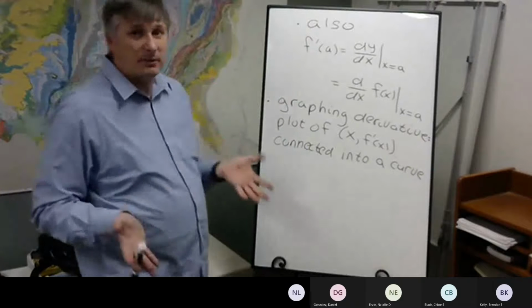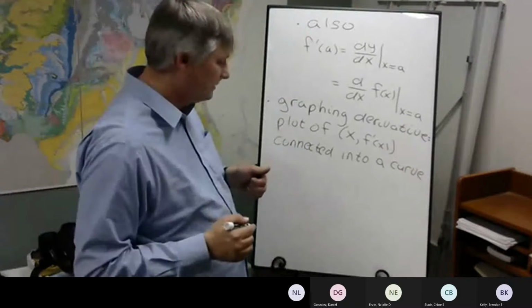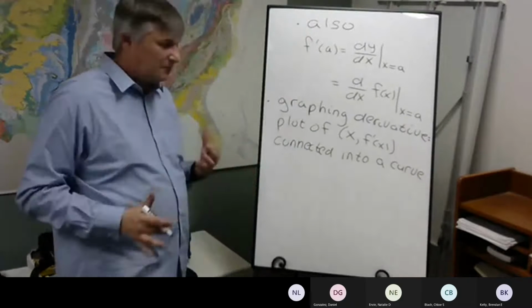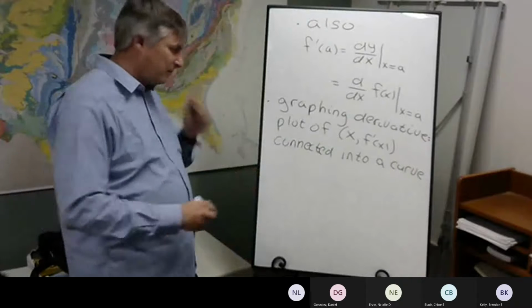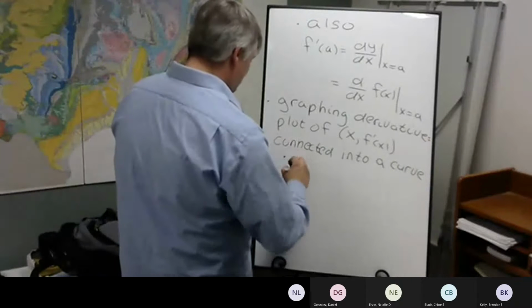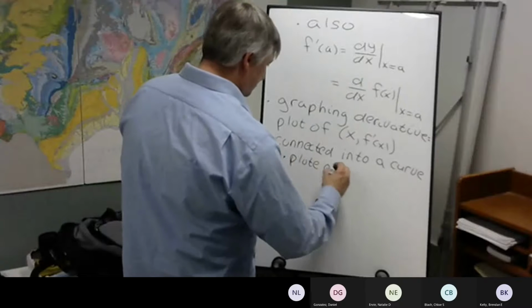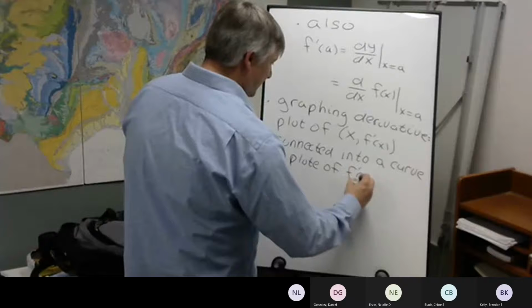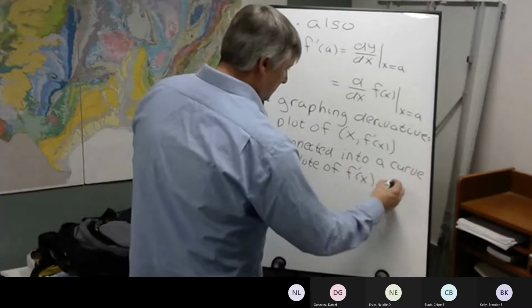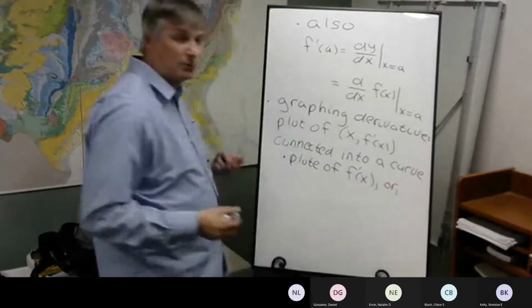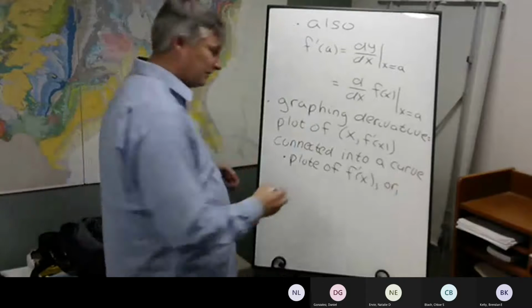Now, it might not be a curve, it might be a line. Now, what is this going to do? Well, what this is a plot of is f prime of x, or the rate of change of f of x.